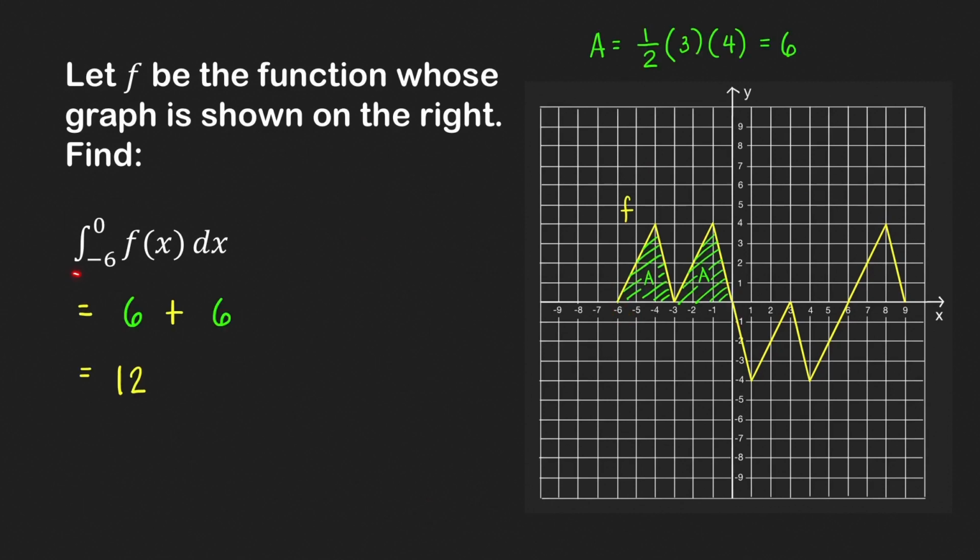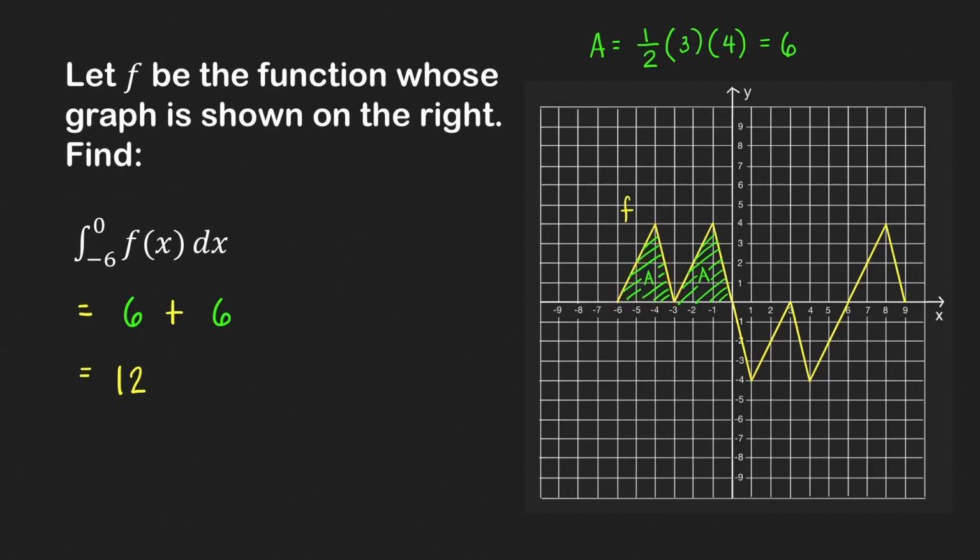The value of this definite integral is just equal to the area of this region plus the area of this region. What is the area of this region? This is just a triangle, so we use the formula for the area of a triangle, 1/2 base times height.